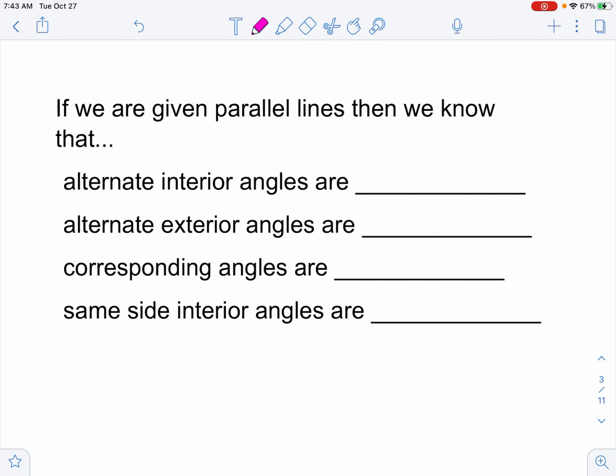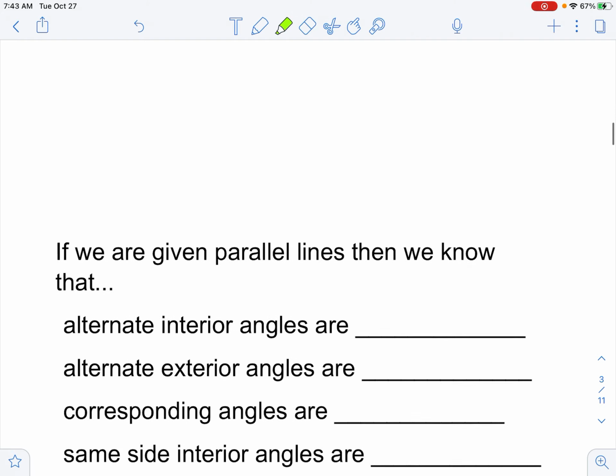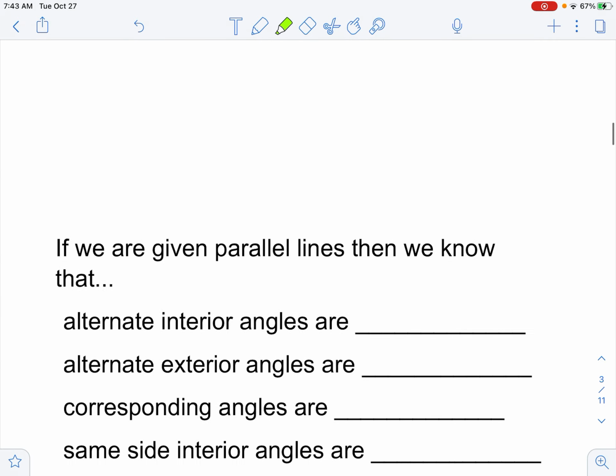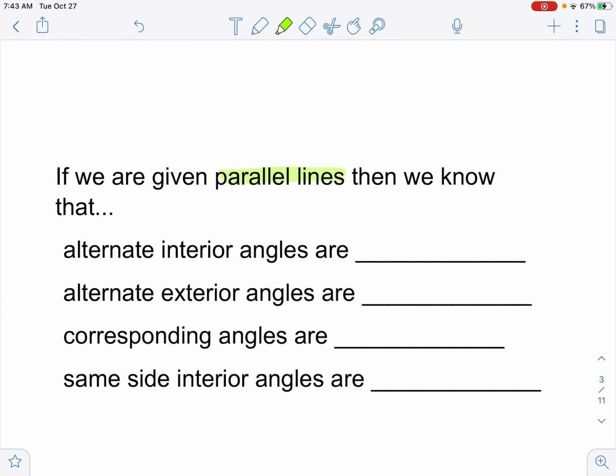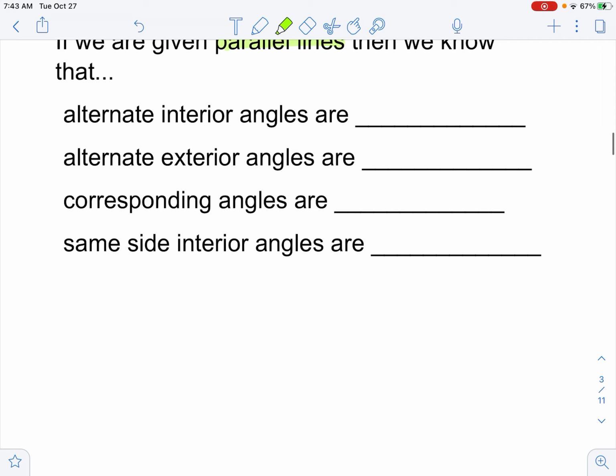Okay, so let's remind ourselves of what we learned at the end of the last lesson. It says if we're given parallel lines, which we weren't given parallel lines here, notice. If we're given parallel lines, then we know that alternate interior angles are congruent. Alternate exterior angles are also congruent.